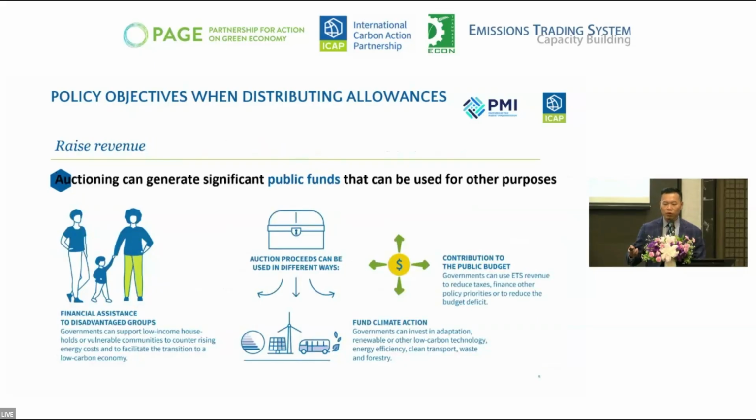And then we also want to raise some revenue for the government, and then the government can use this revenue to accelerate the low carbon transition. We can use this revenue to support low carbon investment, new technology, and other climate actions like climate adaptation, for example, and also financial assistance to more vulnerable poor groups.